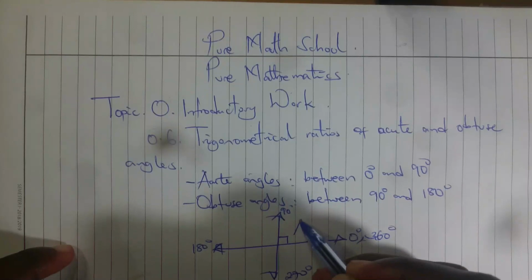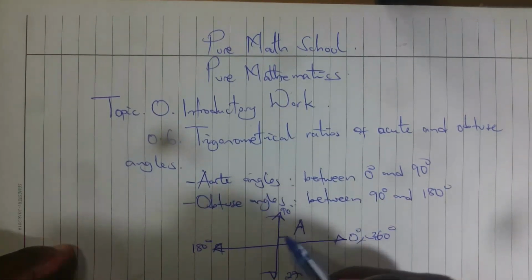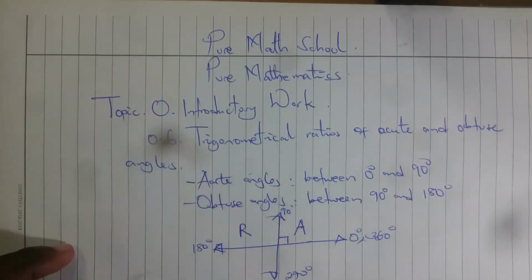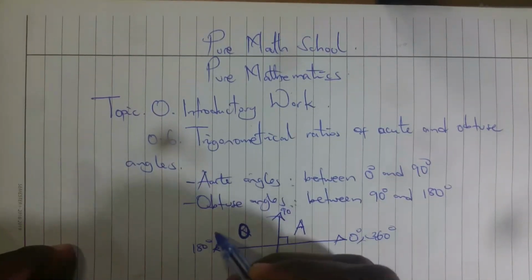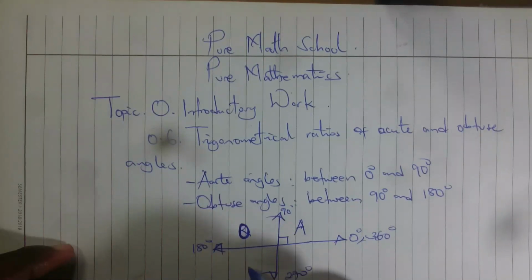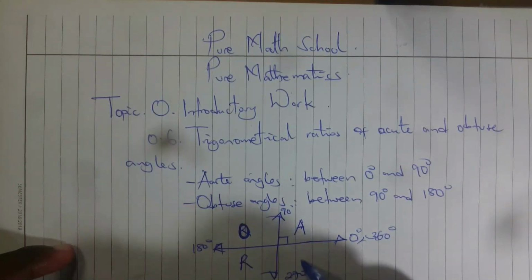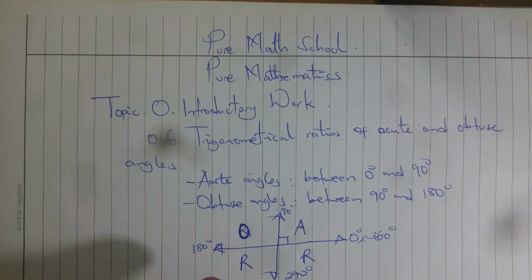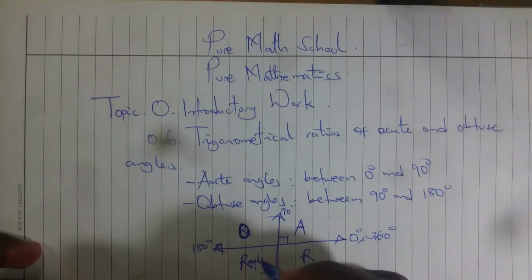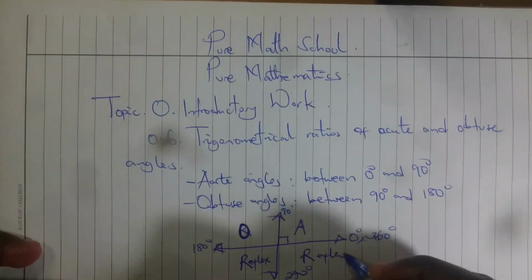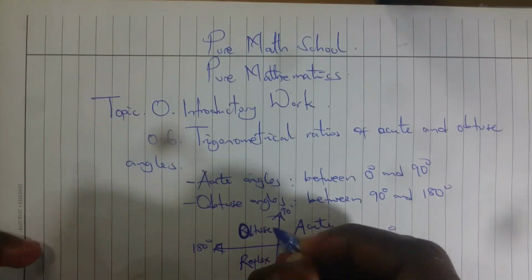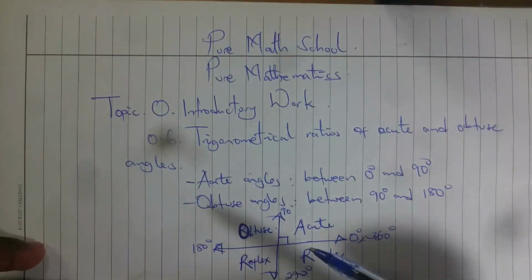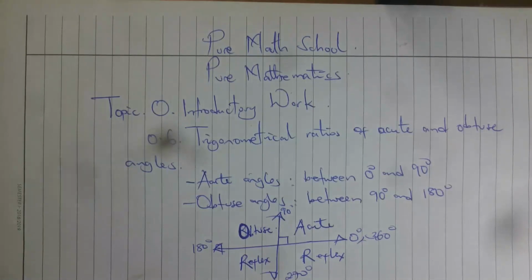So acute angles lie here, obtuse angles lie here, between 90 and 180 degrees. Then reflex angles lie here, between 180 and 360 degrees. So for today, we're going to look at trig ratios of acute and obtuse angles.